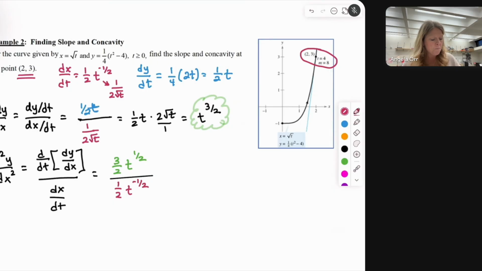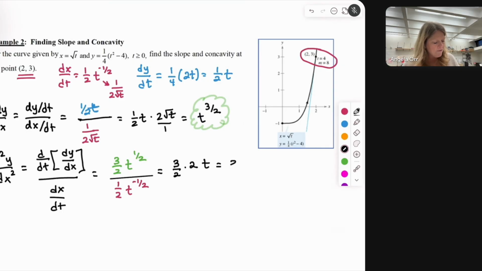With some simplification, 3/2 divided by 1/2 is the same as 3/2 times 2, and t to the 1/2 divided by t to the negative 1/2 gives just t, because our exponent is 1/2 minus a negative 1/2, which is 1/2 plus 1/2, a whole factor of t.